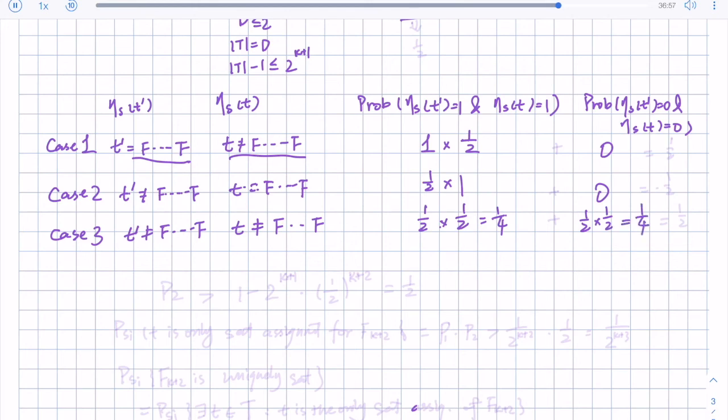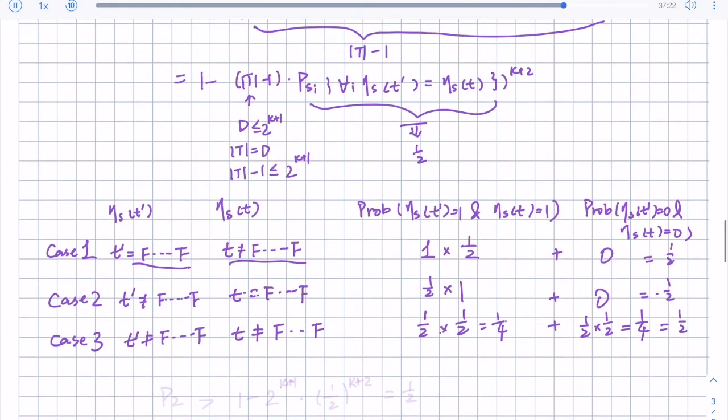So we can see in all 3 cases, the probability that eta S T prime equals eta S T is a half. This is a half, second case is a half, and the third case is a half. So we know this here is a half.